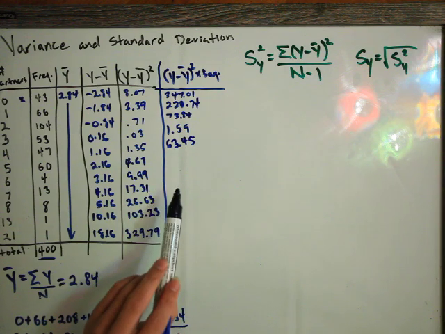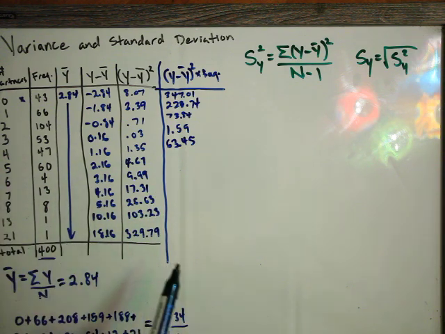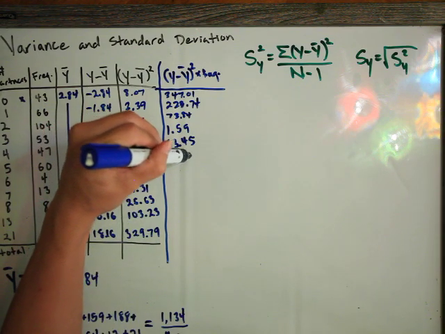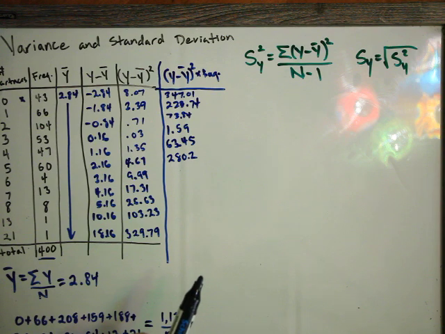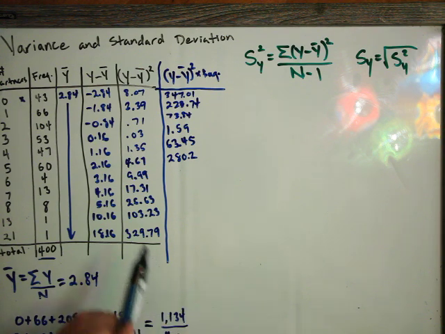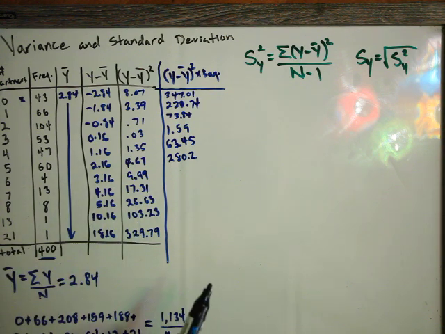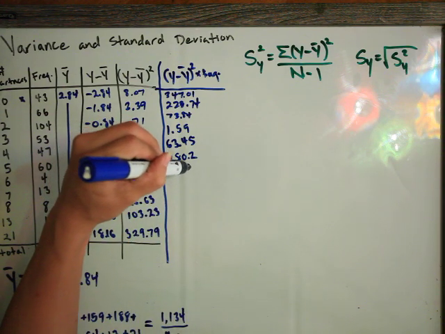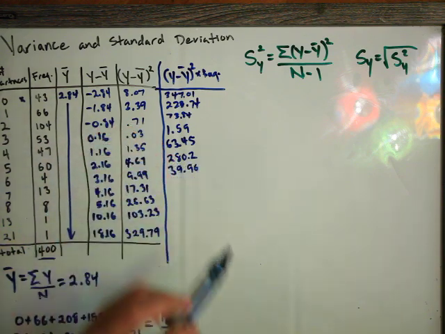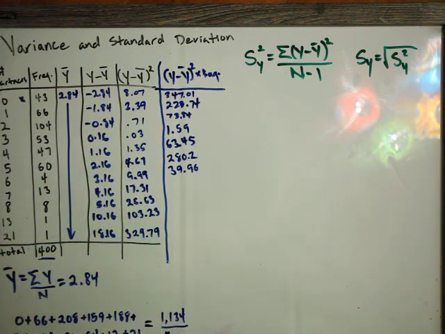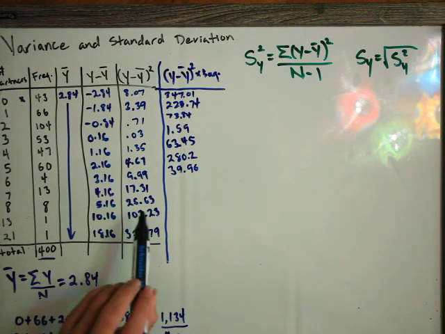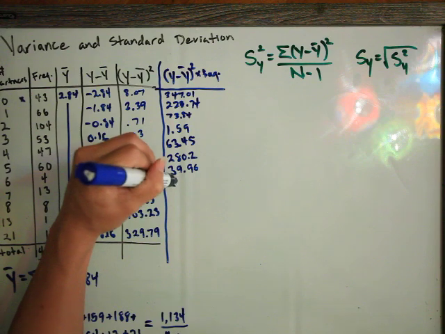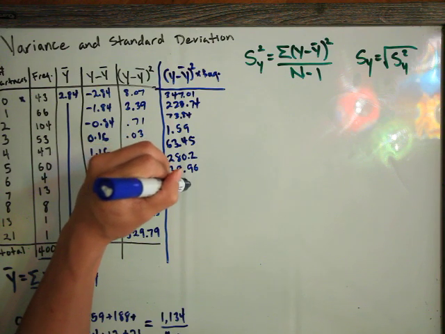4.67 times 60 is 280.2. 9.99 times 4 is 39.96. 17.31 times 13 is 225.03.